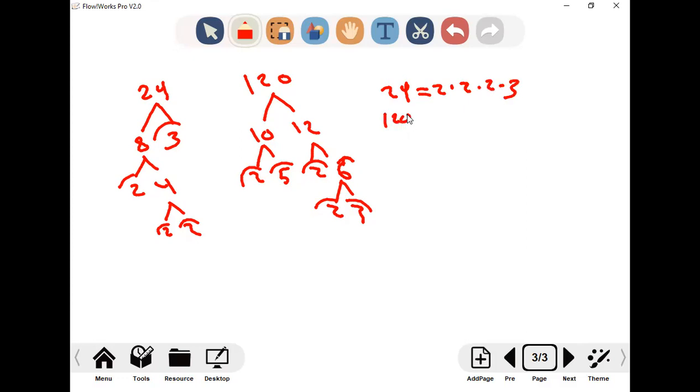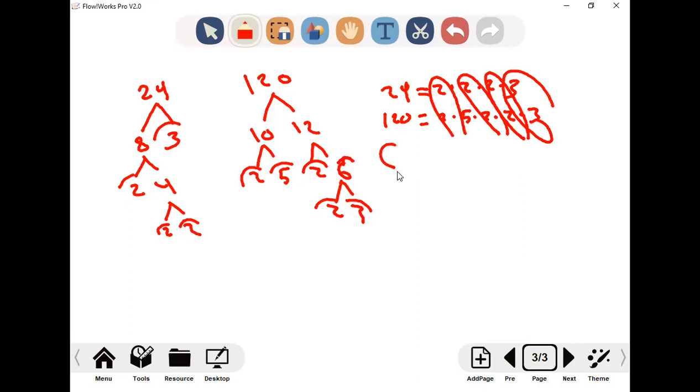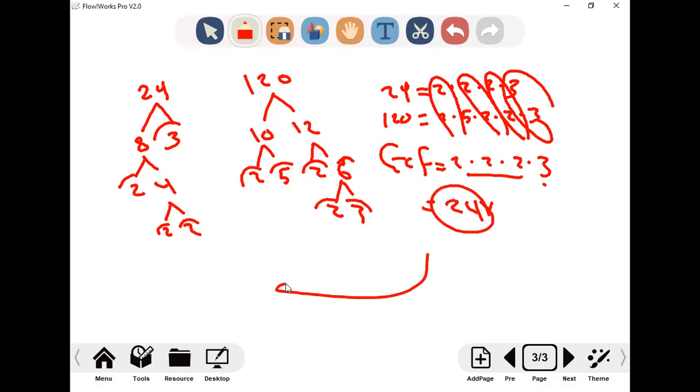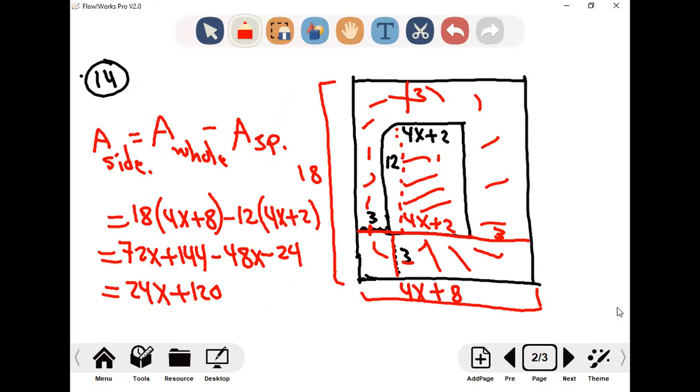And 120 is 10 by 12, which is 2 times 5 times 2 times 2 times 3. So we have 3, and 2, 2, 2 in both. So the GCF equals 2 times 2 times 2 times 3, which is 24. Now let's go back. The GCF is 24.